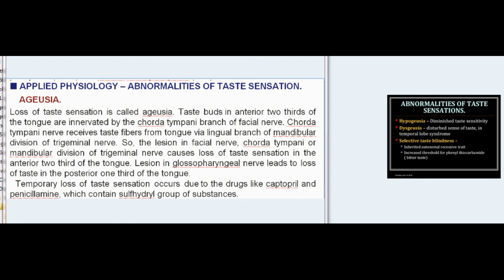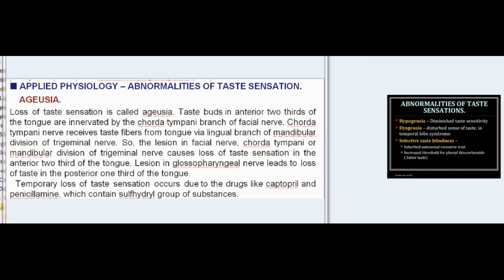Applied physiology, abnormalities of taste sensation. Ageusia. Loss of taste sensation is called ageusia. Taste buds in anterior 2/3 of the tongue are innervated by the chorda tympani branch of facial nerve. Chorda tympani nerve receives taste fibers from tongue via lingual branch of mandibular division of trigeminal nerve.